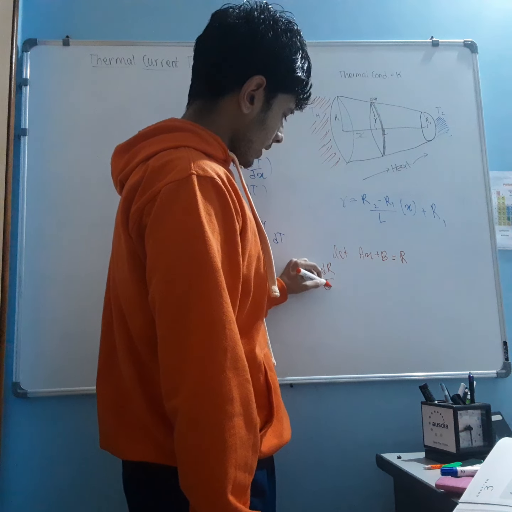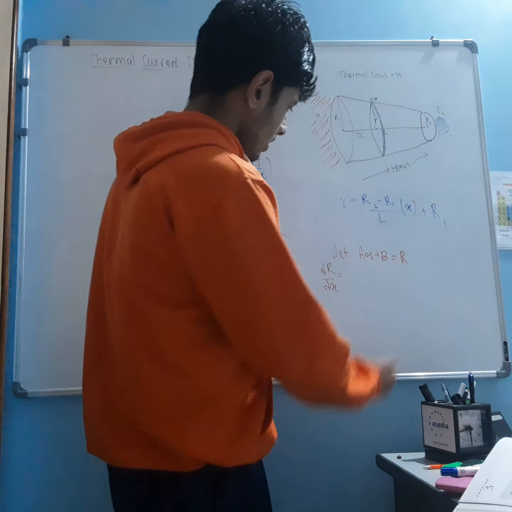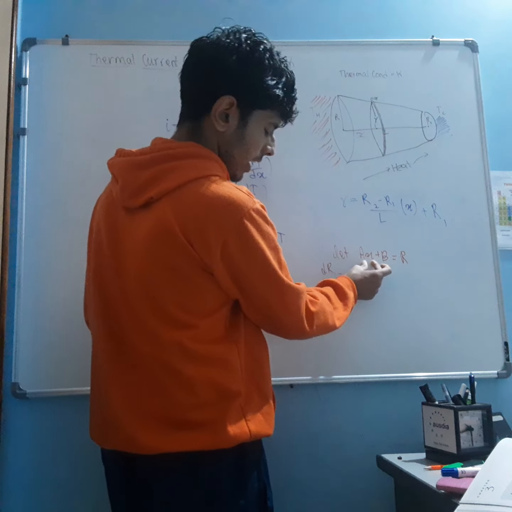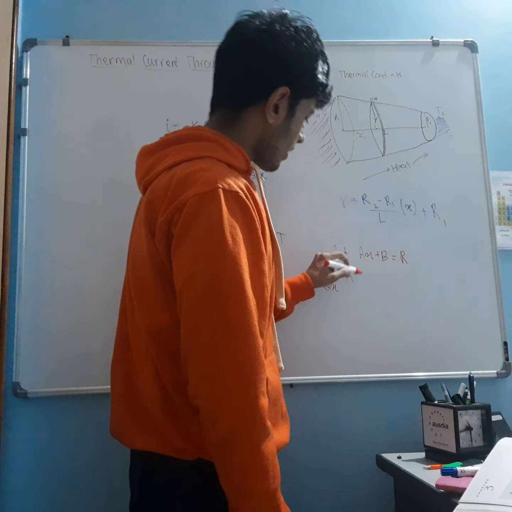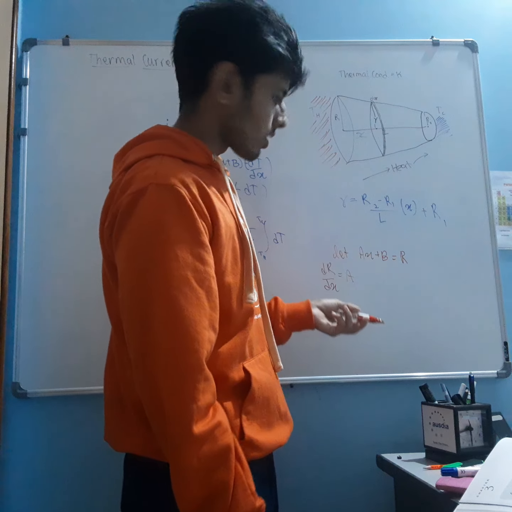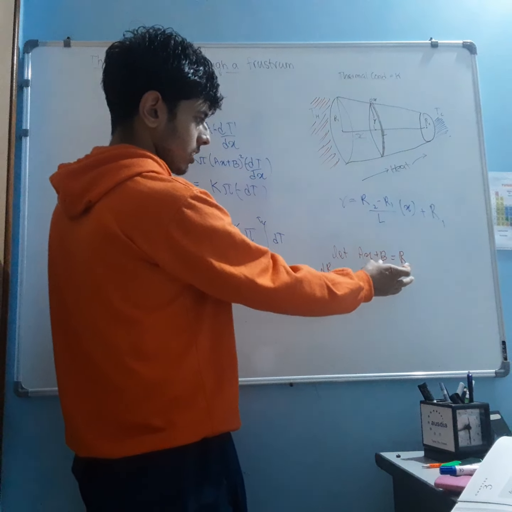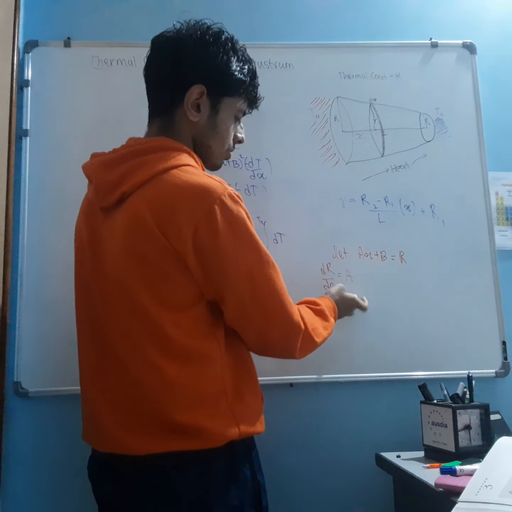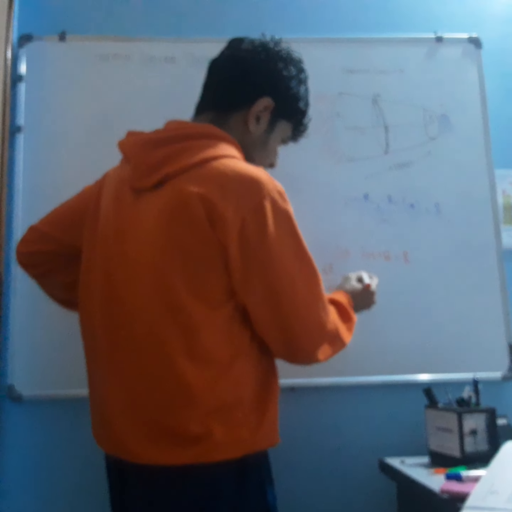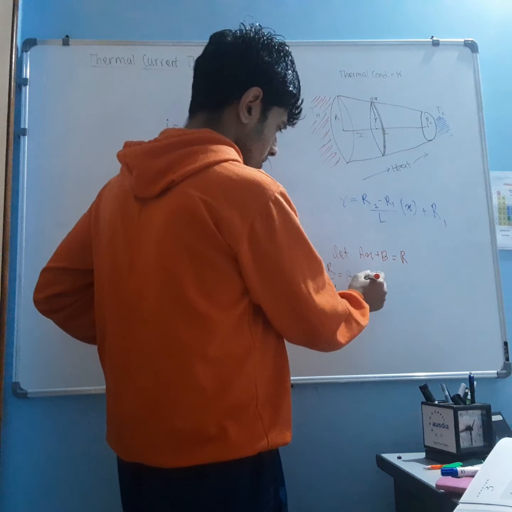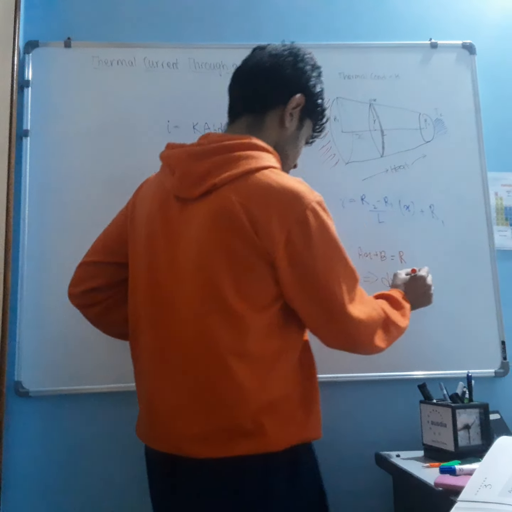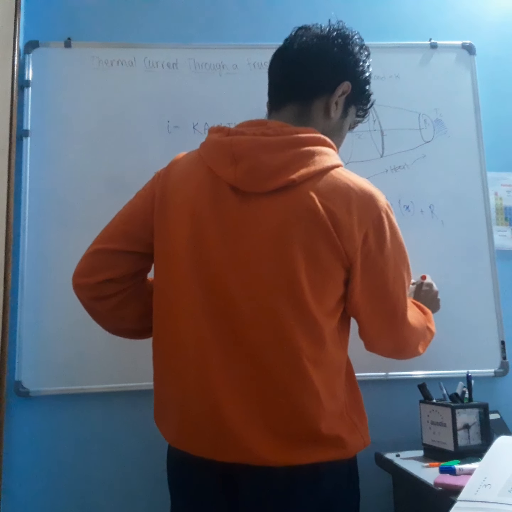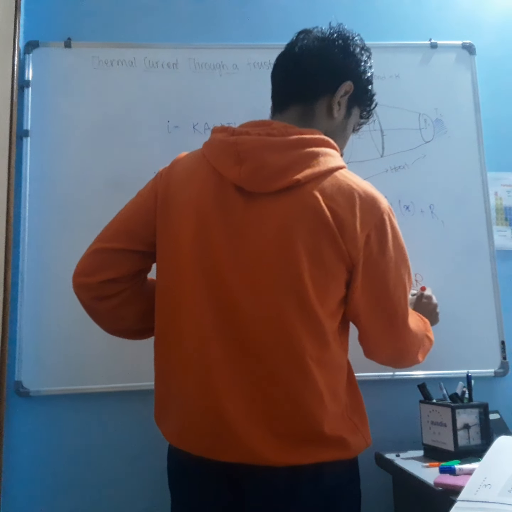Differentiation of ax just gives you a, and differentiation of a constant is 0. So dr by dx is just a. Rearranging the terms, I get dx is equal to dr upon a.